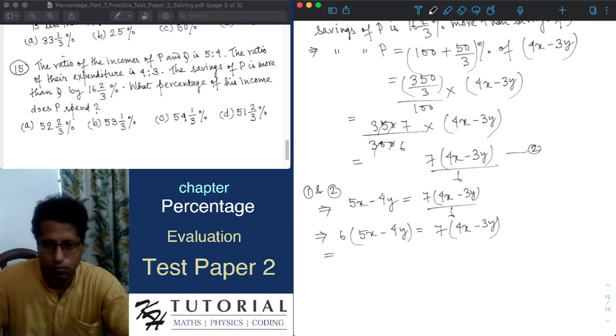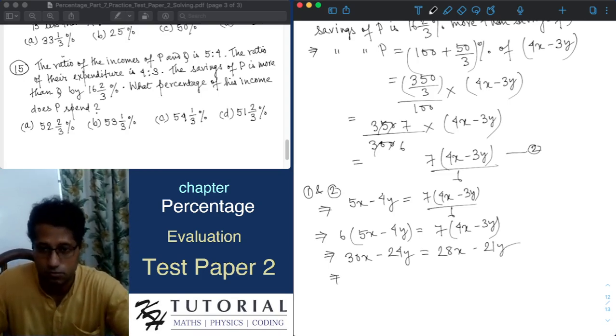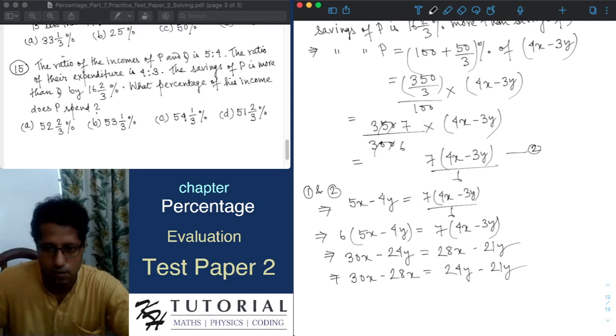Now, if you do the product on both sides and open the brackets, we get 30x minus 24y equals 28x minus 21y. Now, if we bring all the x terms to the left hand side and all the y terms to the right hand side, we get 30x minus 28x equals 24y minus 21y.